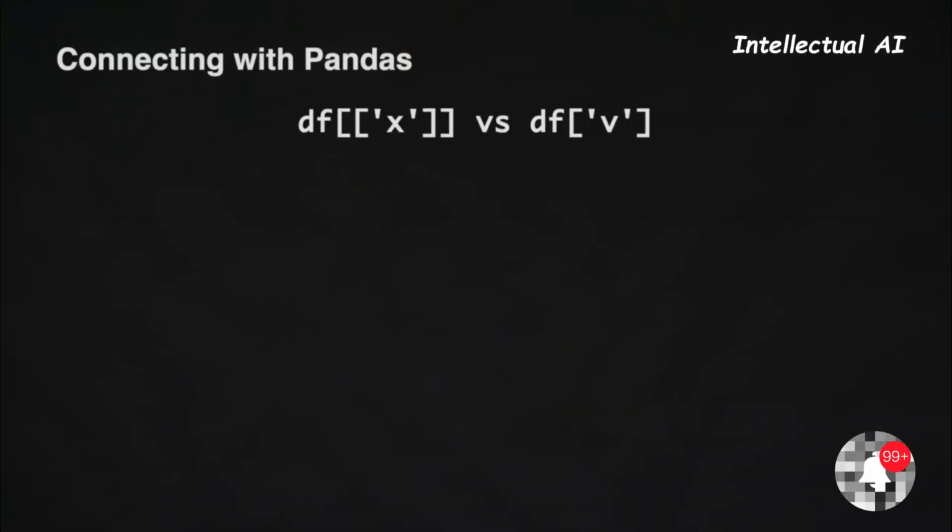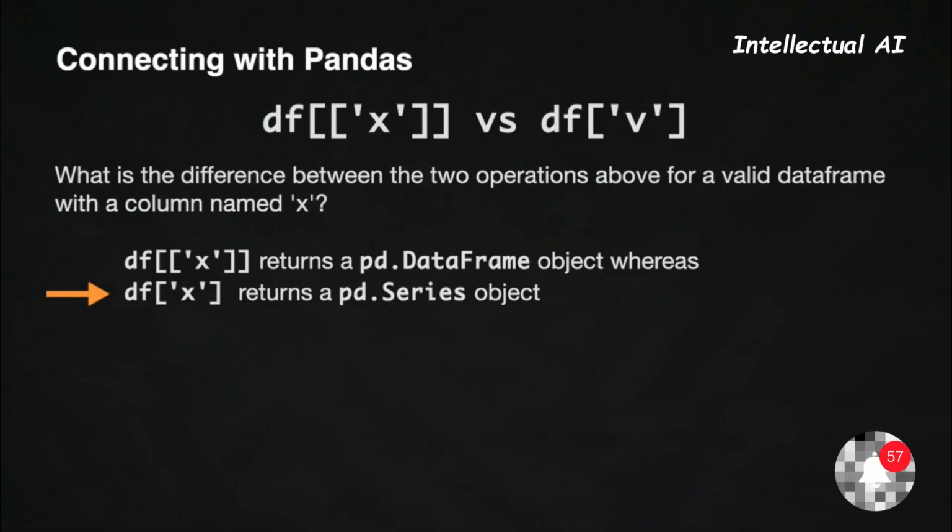One distinction in pandas we should pay attention to is that data frame double bracket will return a pandas data frame, whereas data frame single bracket will return a pandas series. We're going to need that when we use sklearn later.